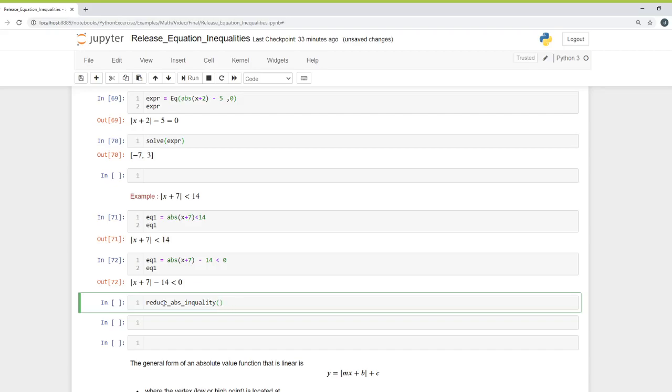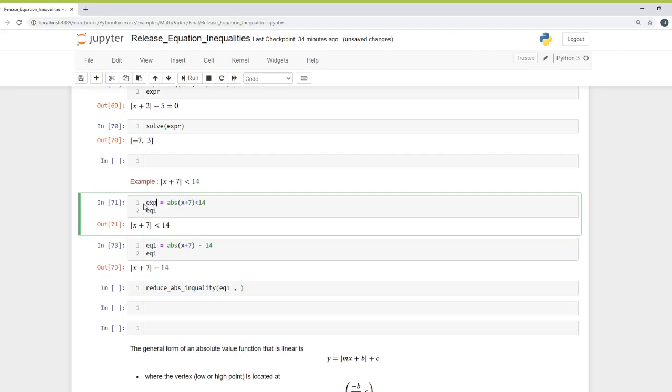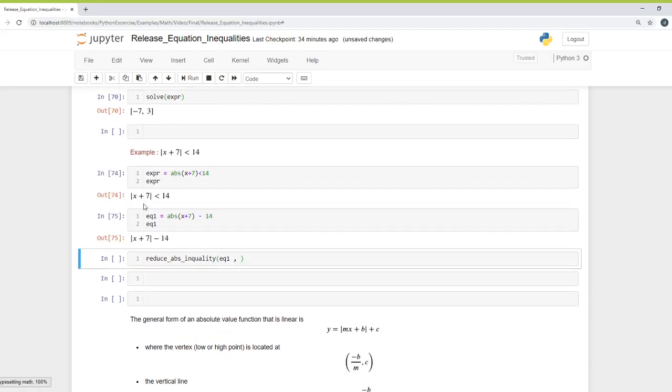We will pass EQ1, comma, and here we create expr, which is the relational operator.